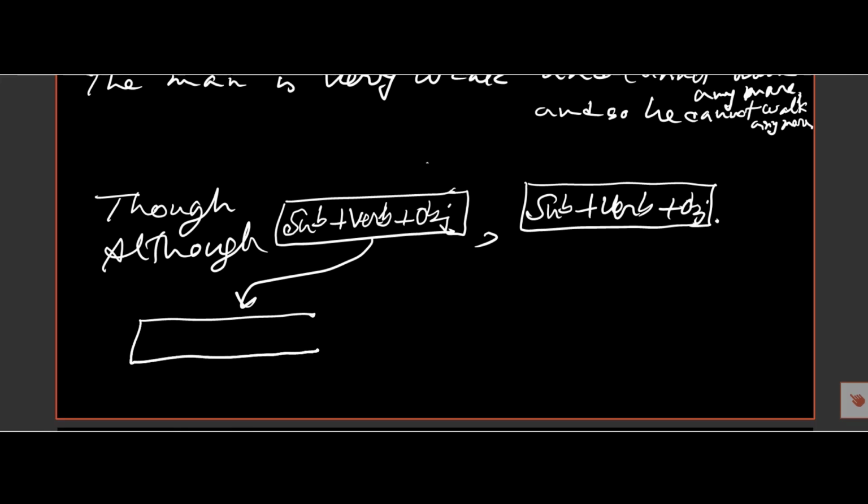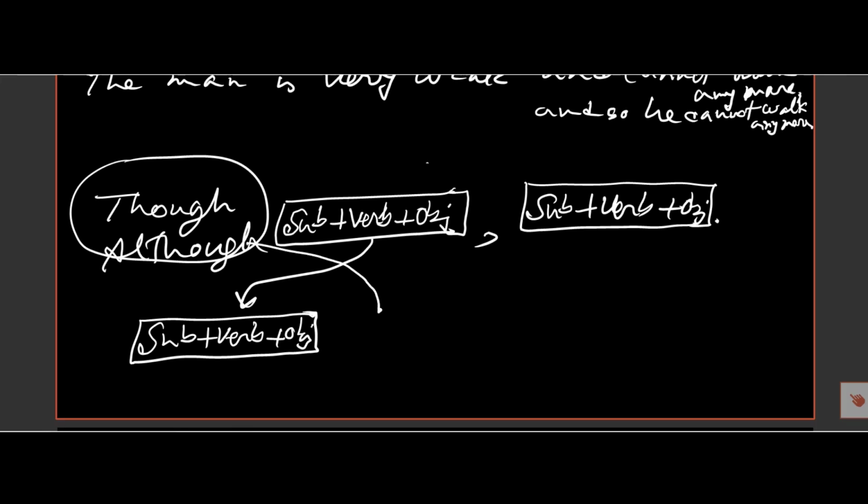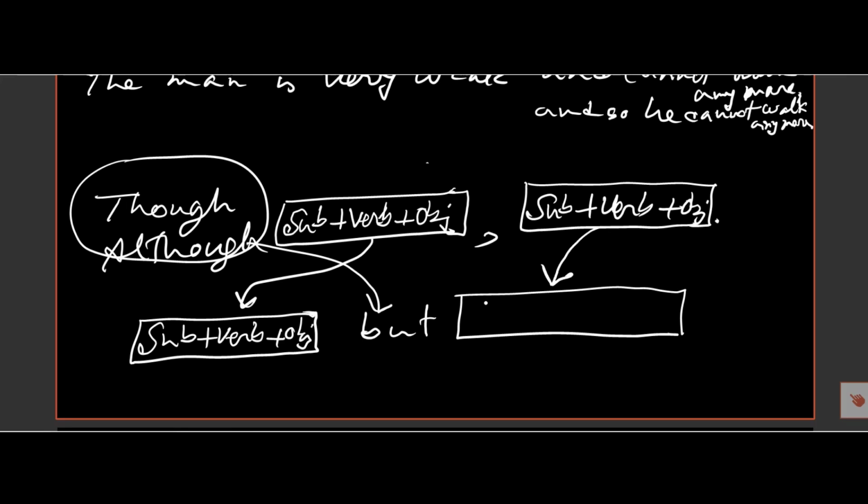So we must write this part which is after though, although: subject, verb, object. And removing though, although, we must put "but". And the other part here is also subject, verb, object, full stop.